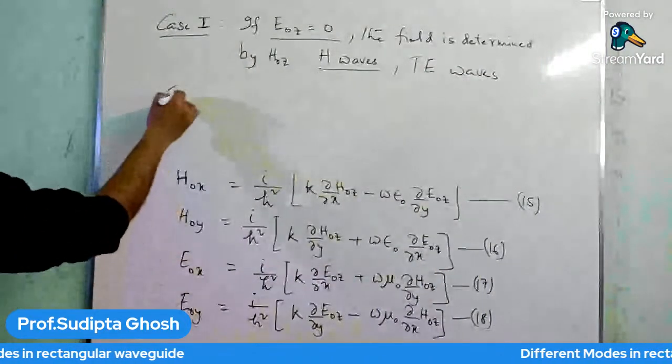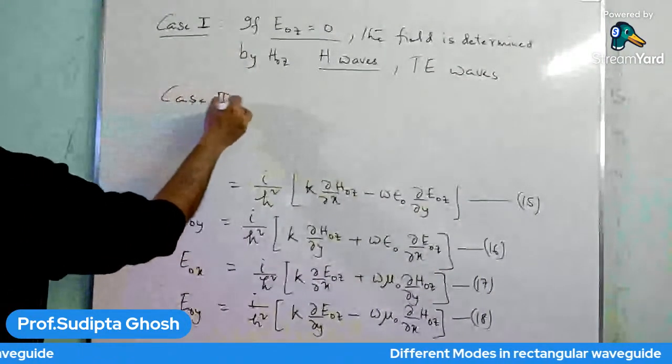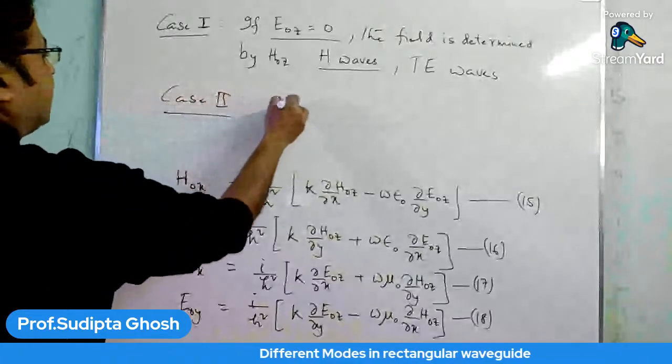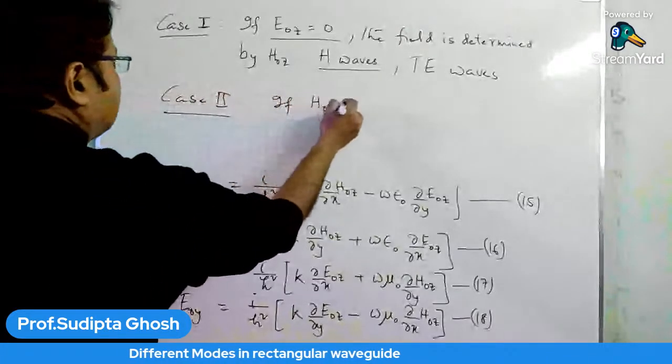Now let's move on to case 2. The other case is that HOZ is 0.